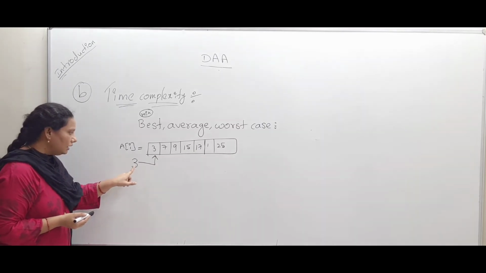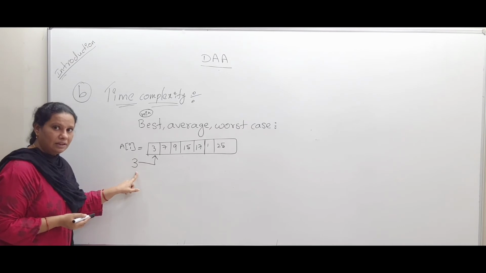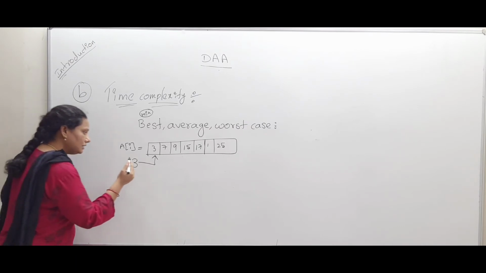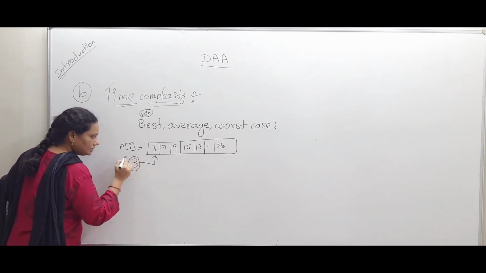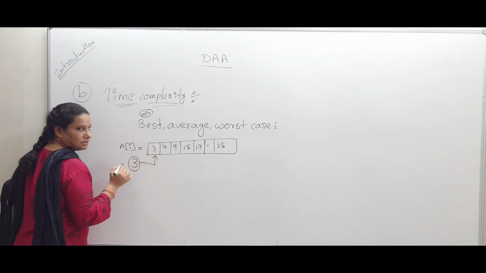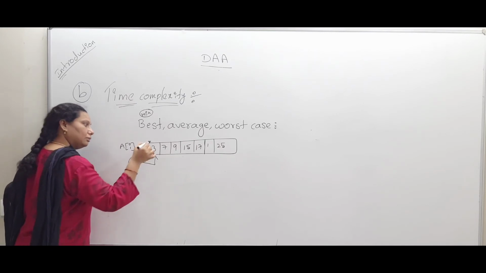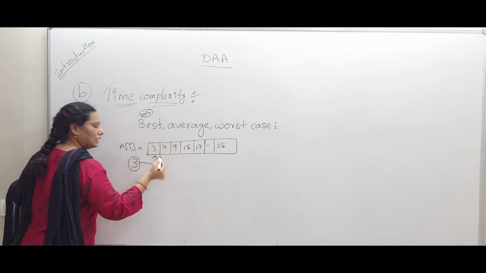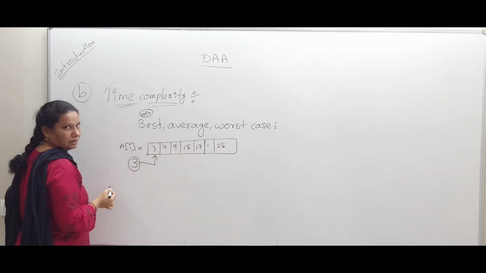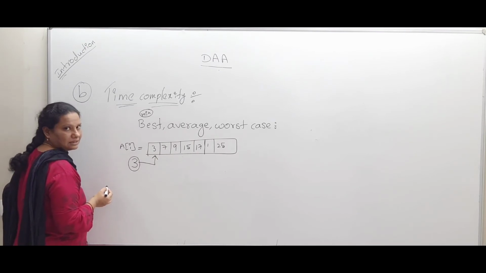Now tell me when it starts searching. What is a linear search method? First, it compares this searching element with the first element. अगर वो नहीं है तो it goes to the next element. उधर भी नहीं है, it goes to the next element, next element, next element. इस process को बोलते हैं linear search.